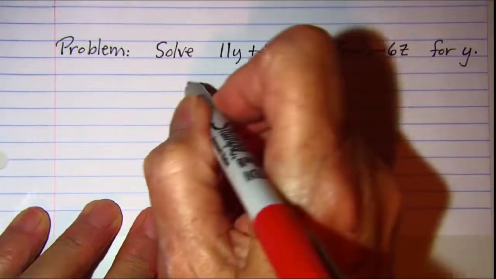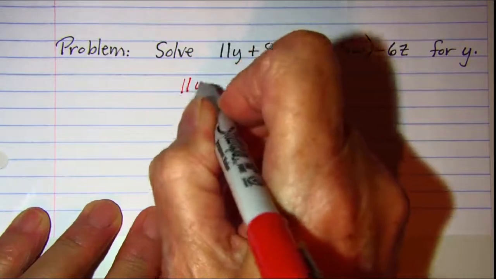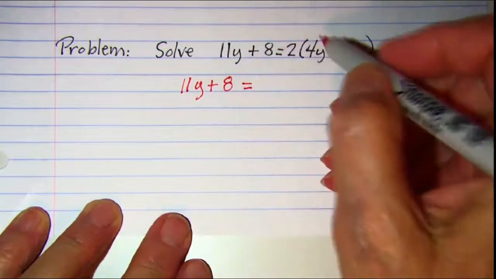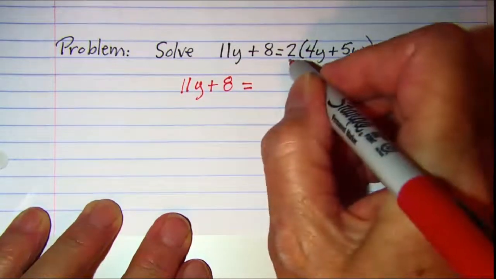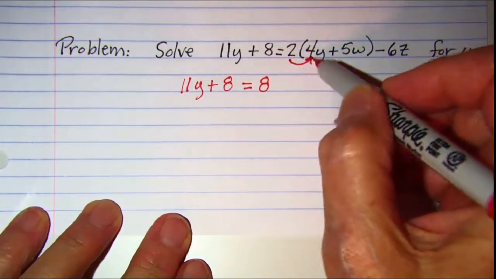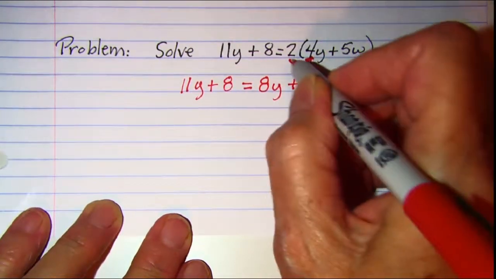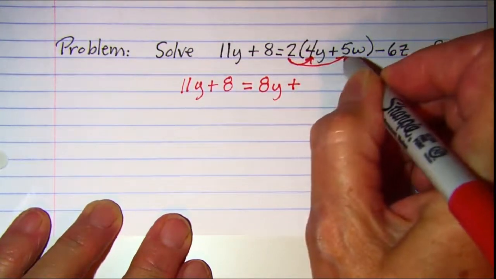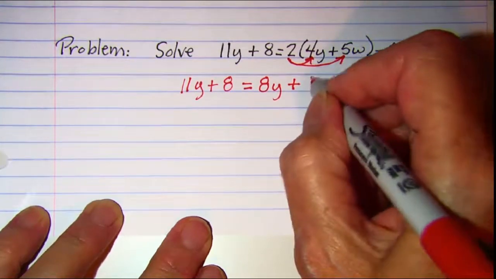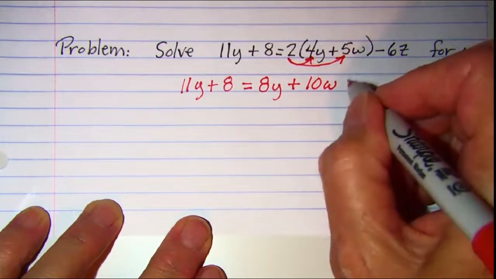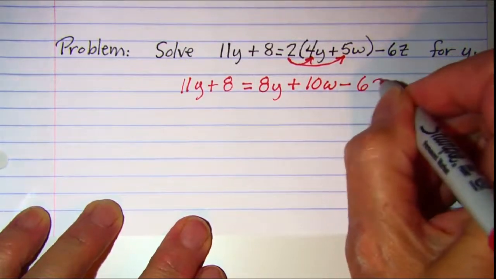Let me copy the left side. We have 11y plus 8 equals, and then on the right side, let's distribute. 2 times 4y is 8y plus, and then 2 times 5w is 10w, and then copy our minus 6z.